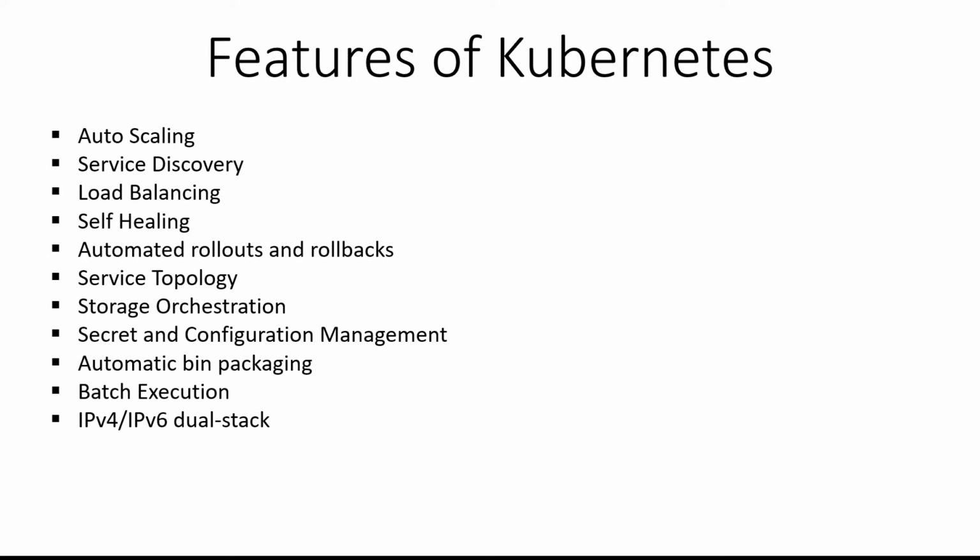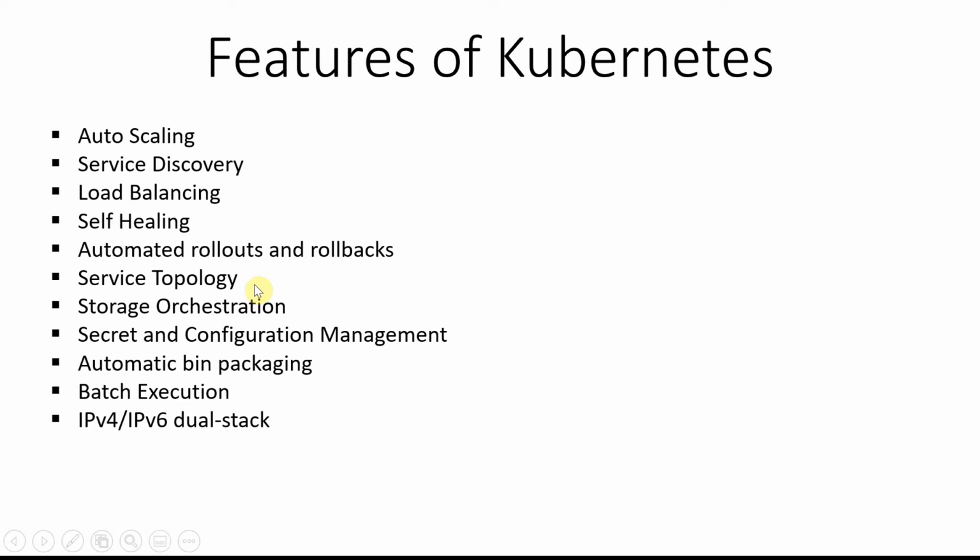Before Kubernetes, it was all manual deployment of your libraries and rollback to the previous version. All that is completely automated with just one command. That is the beauty of Kubernetes. With one command, you can roll out or deploy something new, and also roll back if something is not good.